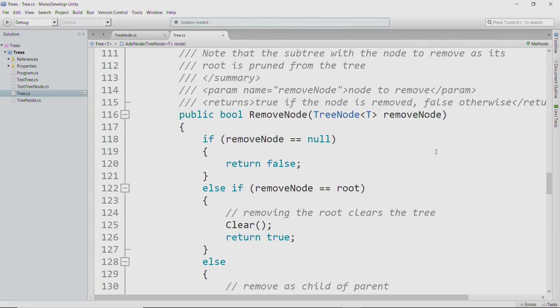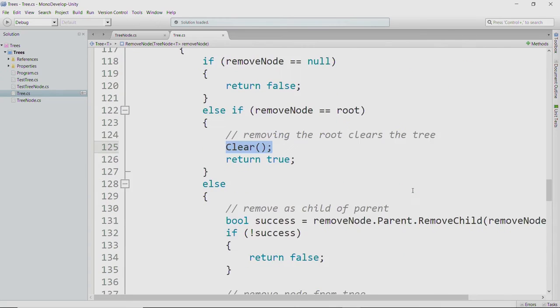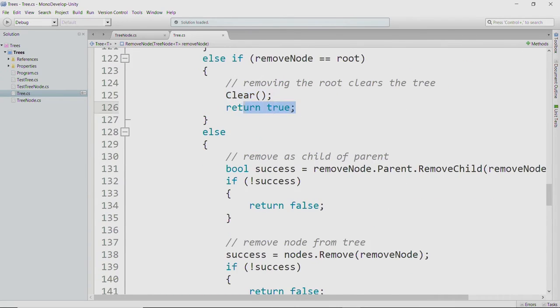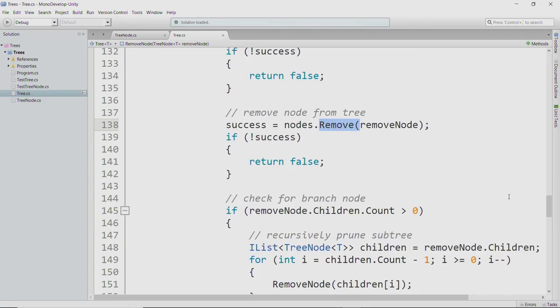Removing a node, remember, is the most complicated method we have in this class. Luckily, to start off with, we have some constant time stuff. We have order n for clear. We have more constant time stuff. We have order n for removing the child. We have order n for removing the node from the list of nodes, because the list remove method does a linear search.